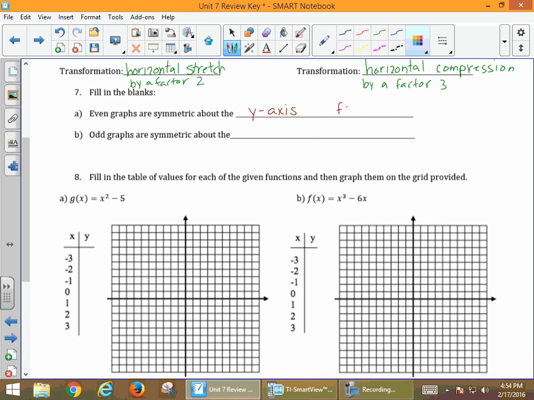It means that any f of x and f of negative x, if I do an x value and the opposite of the x value, they have to be the same y. And I will have an even function. An odd function has some symmetry about the origin. And this means 180-degree rotational symmetry.